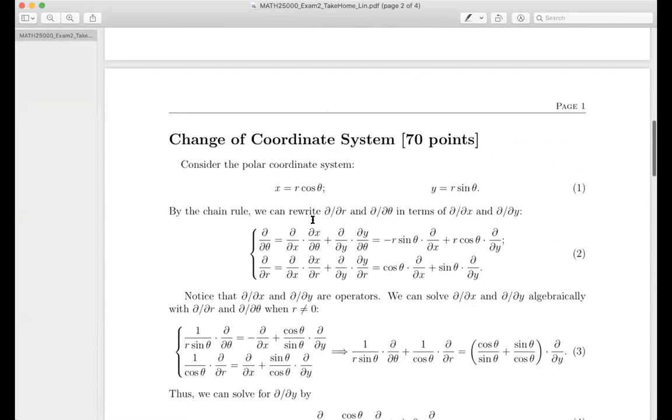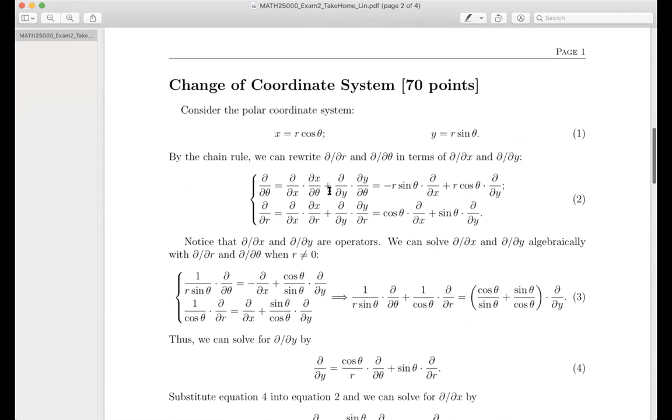To do that, we reference how you can get the change of coordinate system from Cartesian to polar coordinates. So here you have x is r cosine theta and y is r sine theta. The first step is you write partial of r and partial of theta in terms of partial of x and partial of y by using the chain rule.